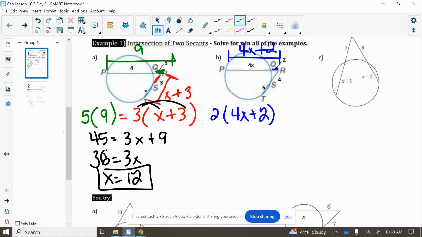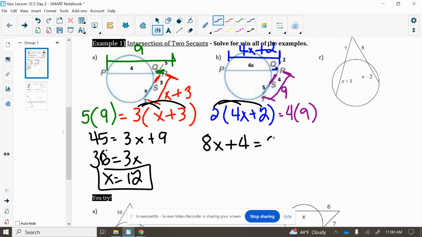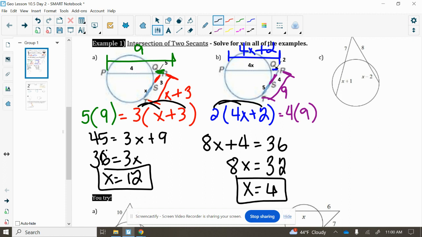On the other side, we have a piece that is 4 on the outside, and then that whole segment would have to be 5 plus 4, which is 9. So start solving. We need to distribute the 2, so it becomes 8x plus 4. 4 times 9 is 36. Subtract the 4 over, we get 32. X is 4 on our second example.